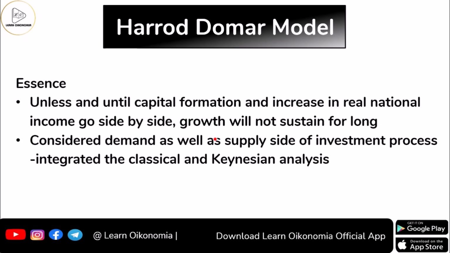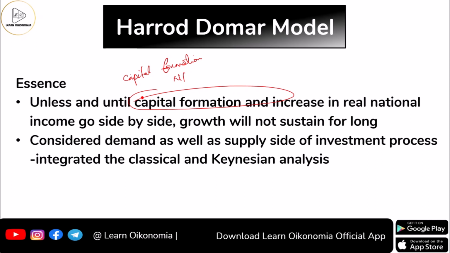Let's see the model. The very essence of the Harrod-Domar model tells us that unless and until we have capital formation and an increase in national income, unless and until both of these go side by side, you cannot sustain your growth for long.